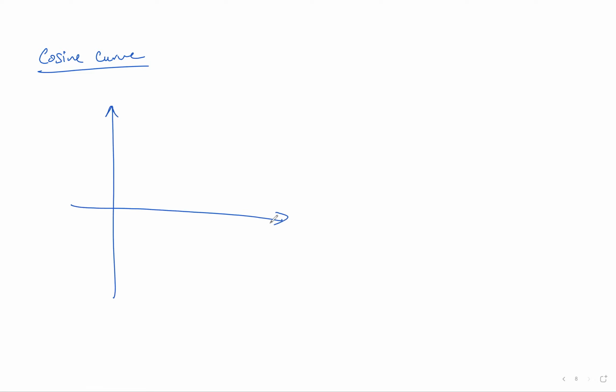Now, how about cosine curve? Important points. This is 1, this is -1.